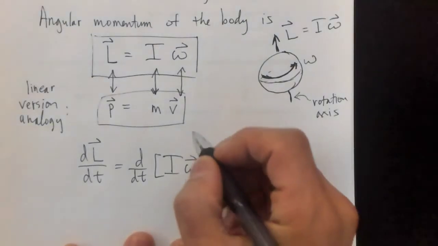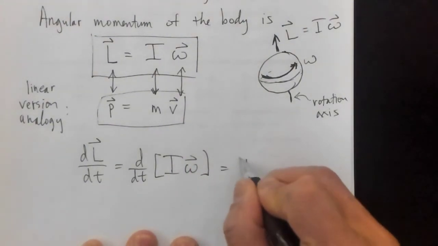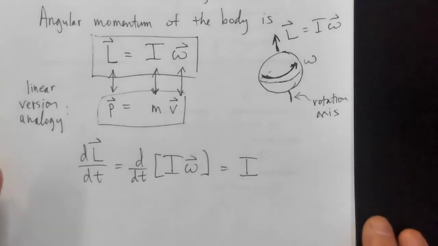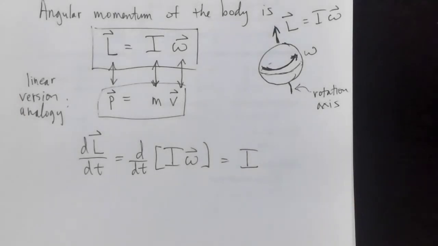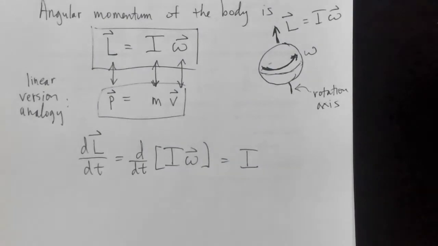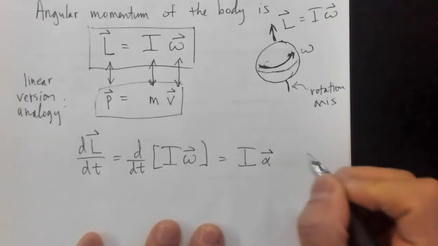So I remains constant, and I have the time derivative of omega. Does anybody remember what that is? Omega is angular velocity, so if I take the time derivative of velocity, I get acceleration, so angular acceleration. And the symbol for angular acceleration is alpha.